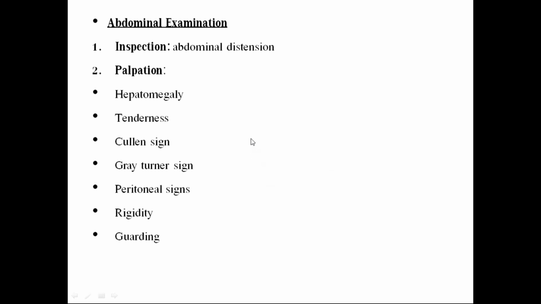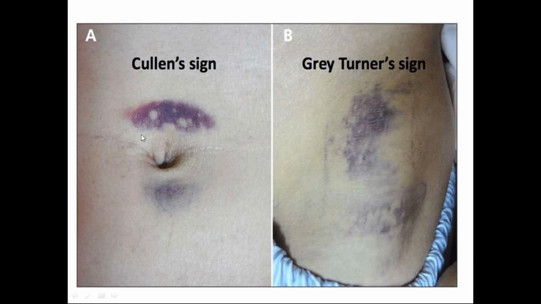Cullen, Grey Turner, Bryant, and Fox signs are the ecchymotic signs in case of pancreatitis. Other signs depending upon severity: rigidity and guarding. Periumbilical ecchymosis is Cullen sign. Flank ecchymosis is known as Grey Turner sign.